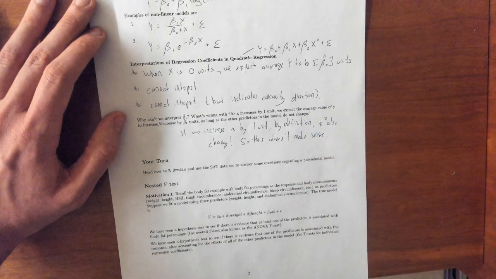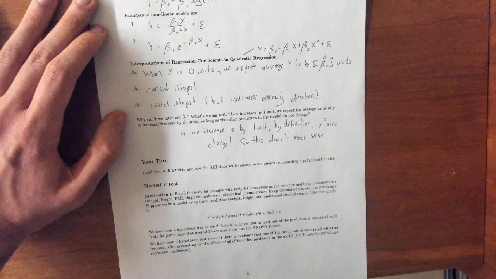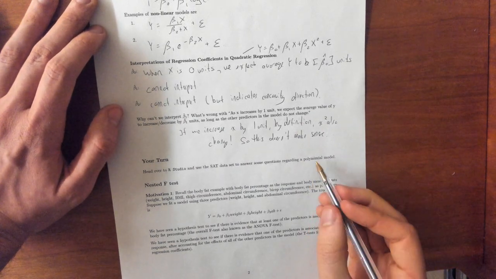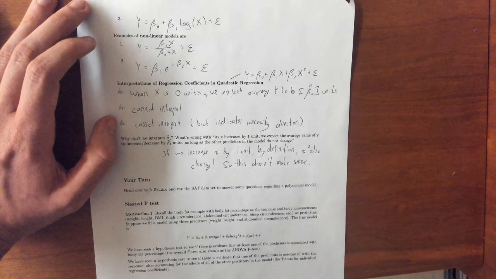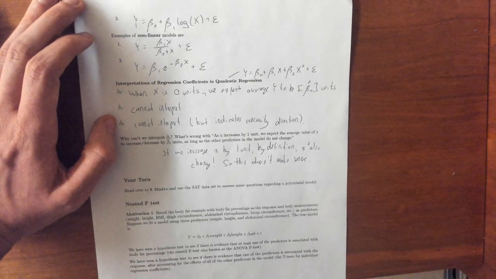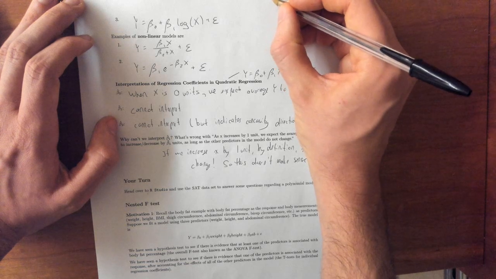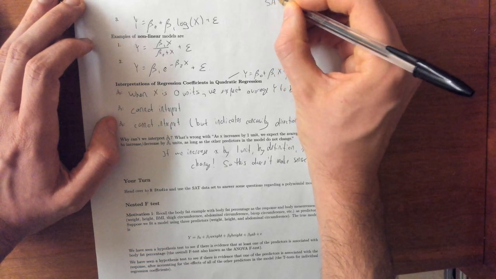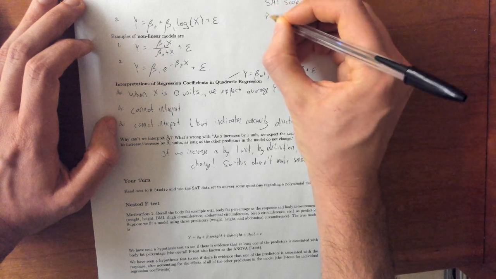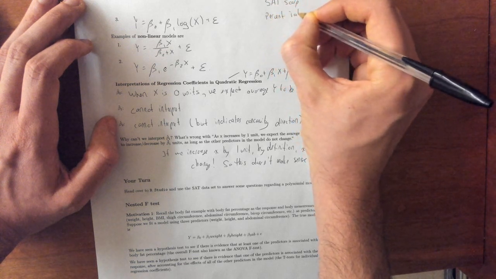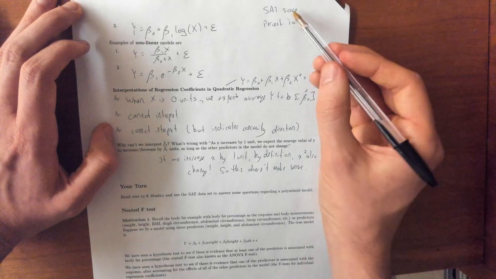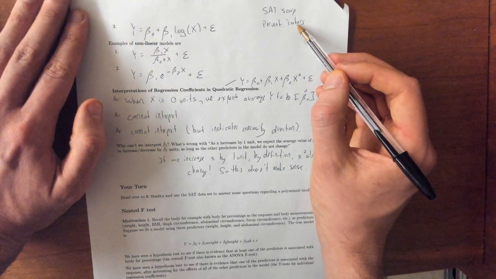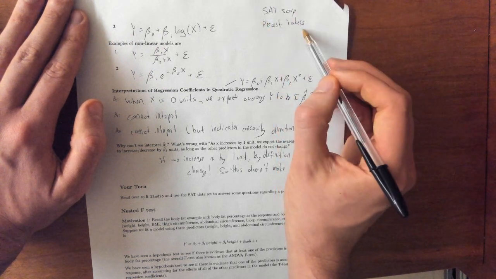In the your turn, you'll be working with some SAT data to answer some questions with a polynomial model. You're going to use SAT score as the response and percent takers as the predictor, and fit a model with a quadratic for percent takers.